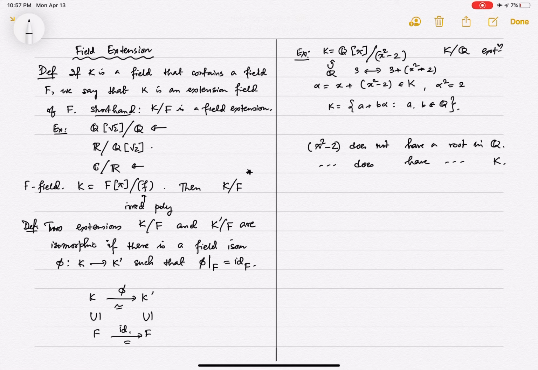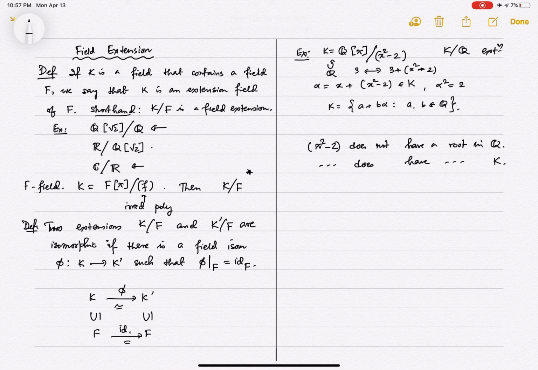So by slightly growing the set to a slightly bigger field, I now have a solution of this polynomial equation. And now you can see what other equations you can solve in this field.